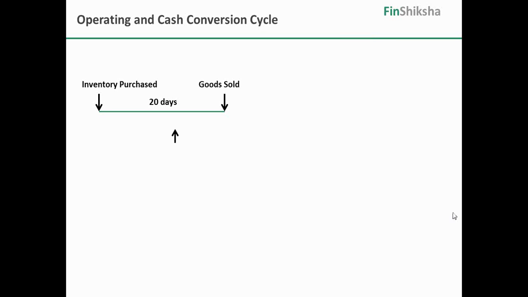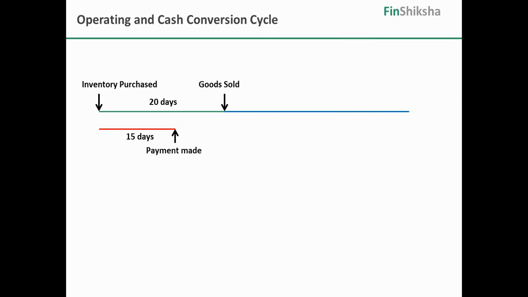Somewhere in the middle, my supplier might have asked me for the money. Somewhere in between, my supplier, after 15 days, asked me for the money because I had bought the inventory from him. So I bought the inventory on day 0 and paid the money after 15 days. On the 20th day I sold the goods.